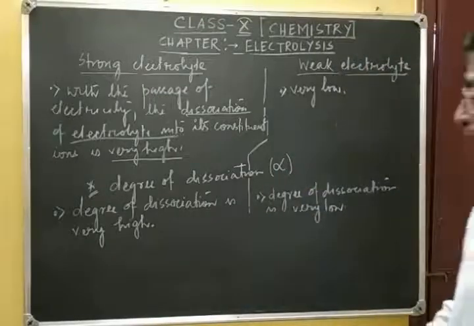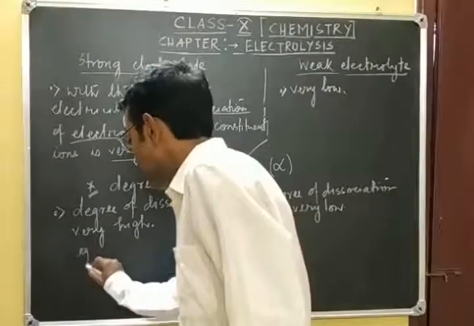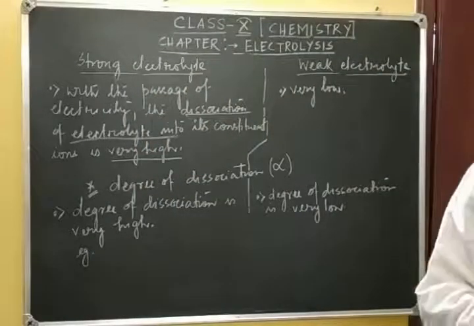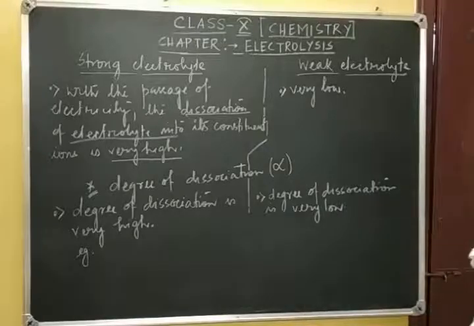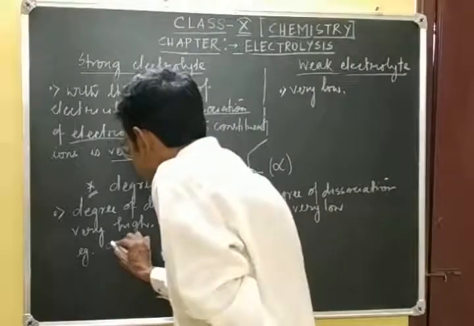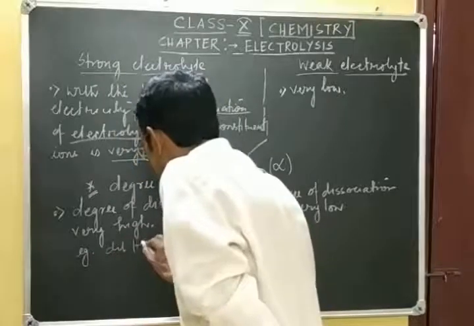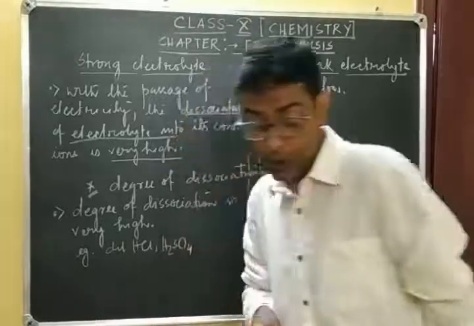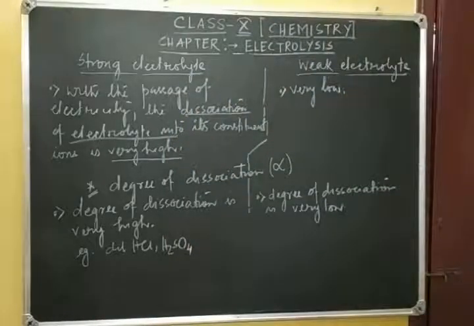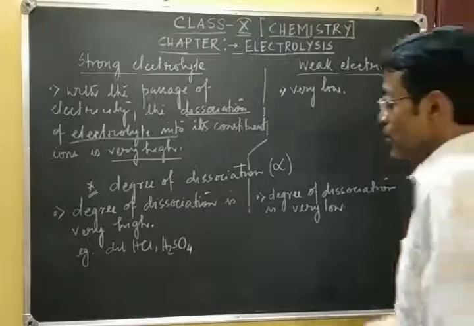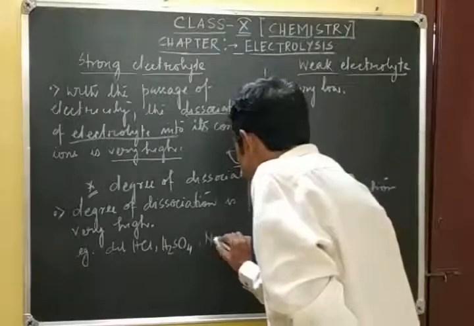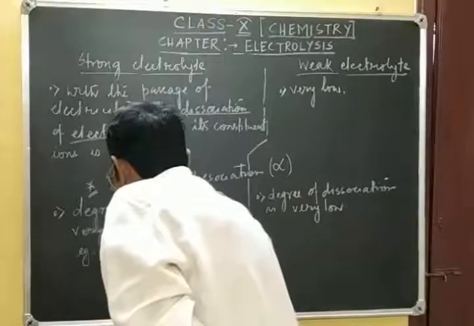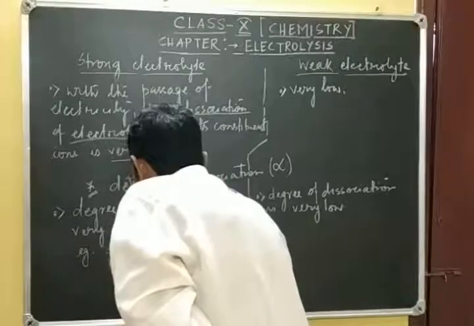And now one more thing we would like to add, that is examples. What are the examples of strong electrolytes? The examples of strong electrolytes are all dilute mineral acids, dilute HCl, dilute H2SO4, all are dilute, remember, and sodium hydroxide NaOH, KOH, lead bromide, all salts.